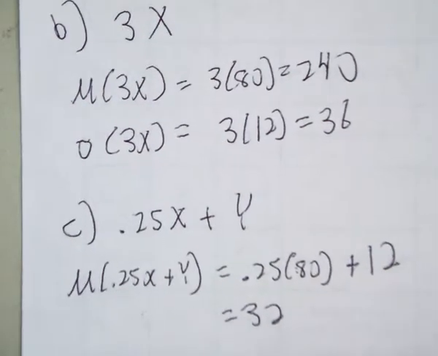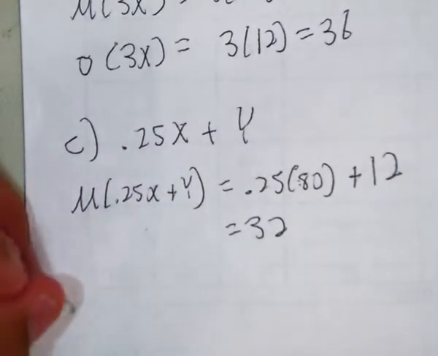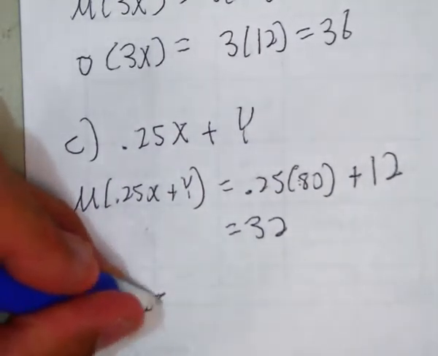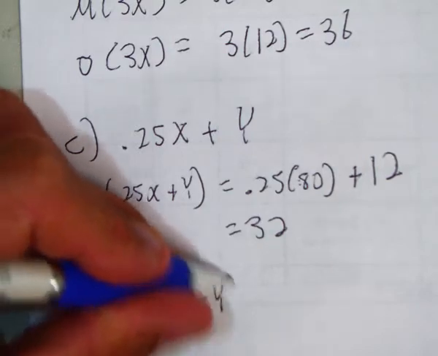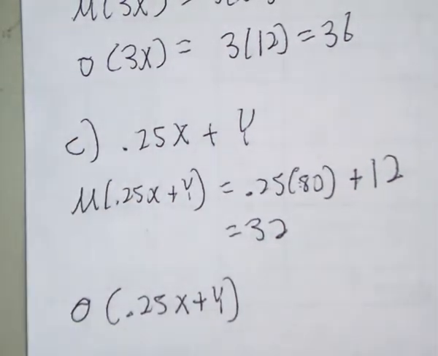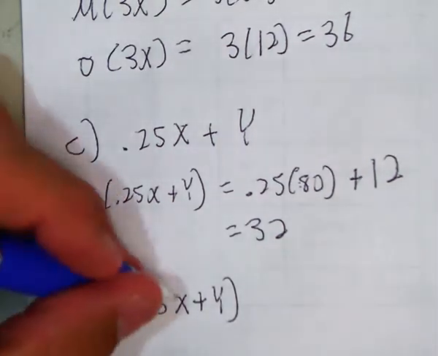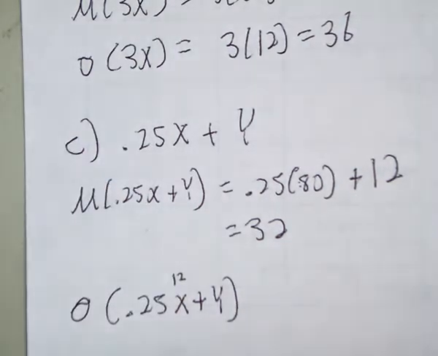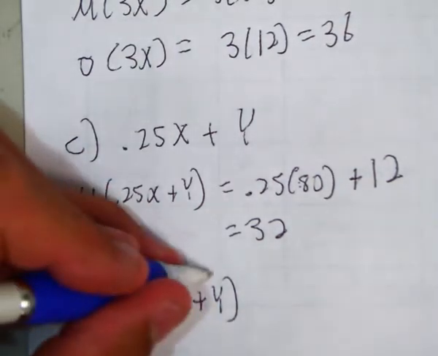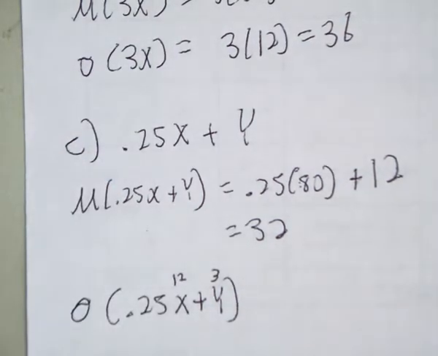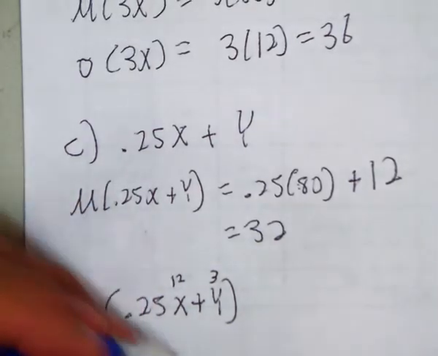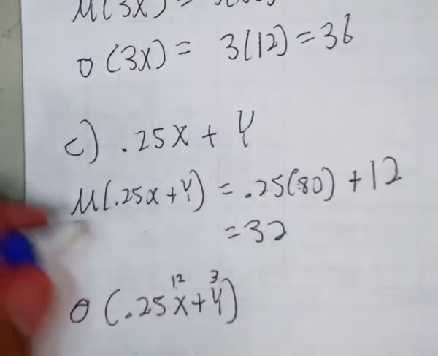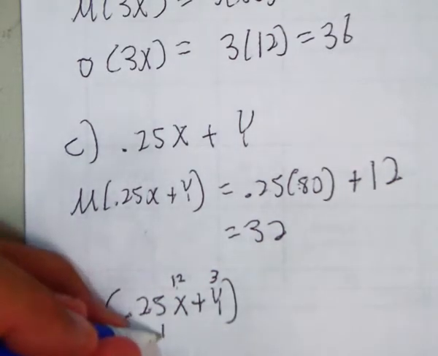Okay, now when I do the standard deviation, 0.25x. Okay, now the standard deviation of x is 12, and the standard deviation of y is 3. Now I got 2 independent events, so I got to add the variances. So what I'm going to do first is I'm going to multiply 0.25 times 12, and I'm going to come up with 3.